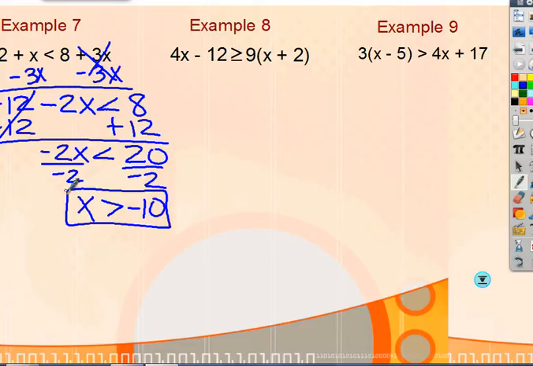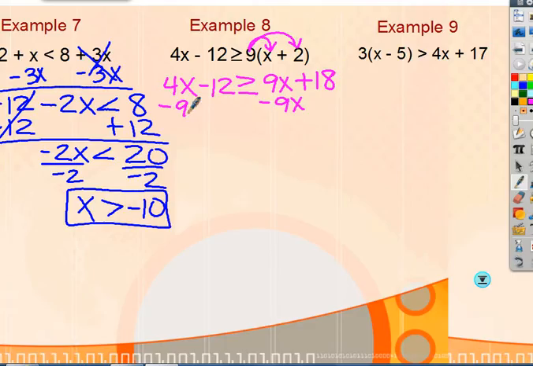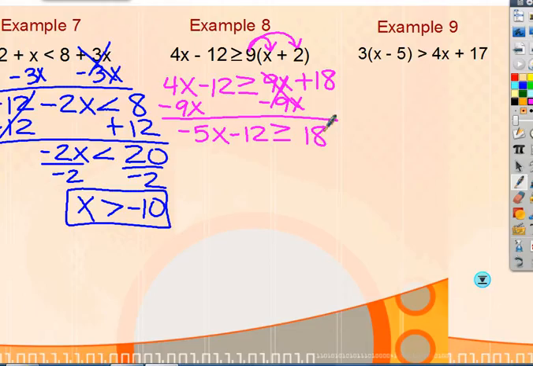Example number 8 incorporates distribution. Step 1 was to distribute the 9 into the x and into the 2.